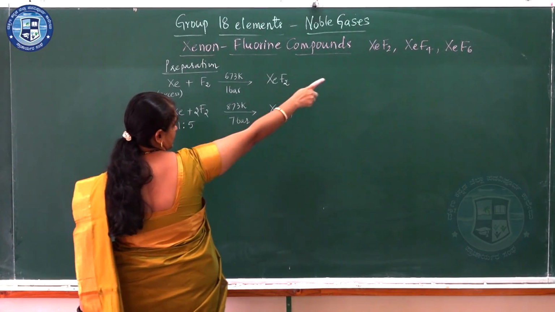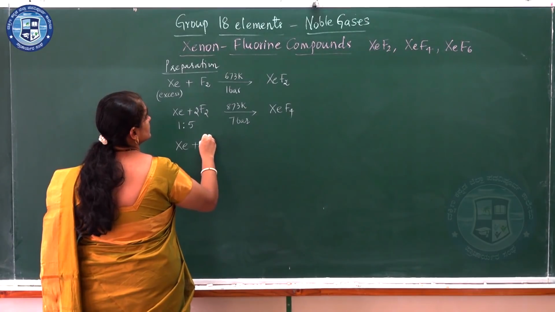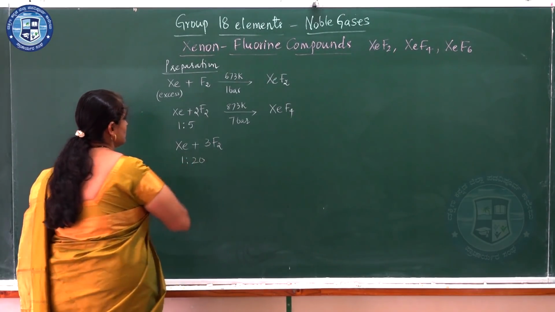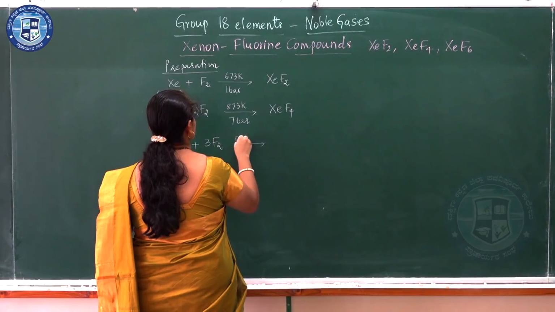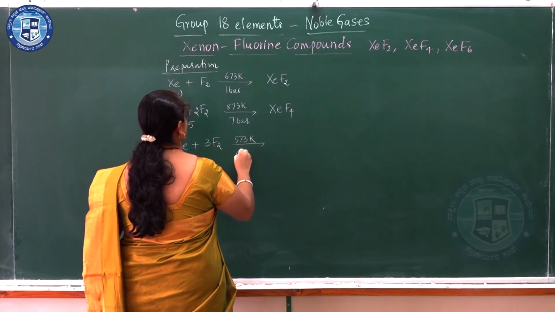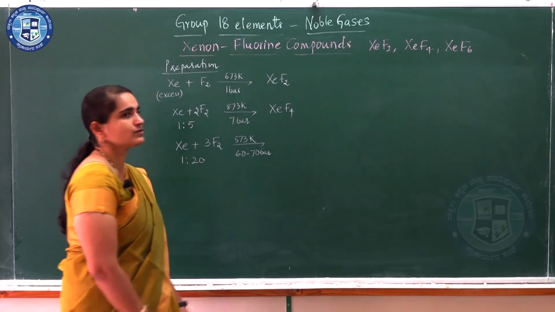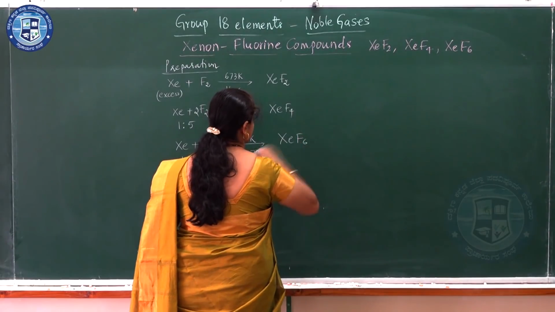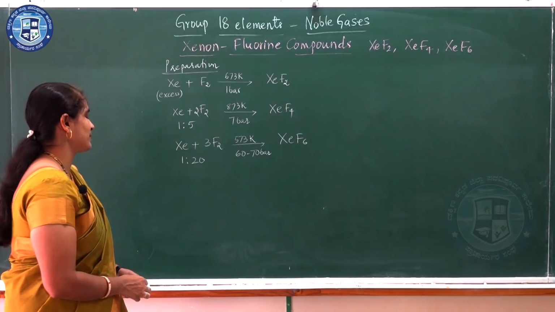If I want to get the other type, XeF6, I will take Xe and 3F2 in the ratio 1:20 at about 573 Kelvin temperature, around 60 to 70 bar pressure. The pressure is higher, so we will end up with XeF6. Okay, so these are certain methods of preparation.